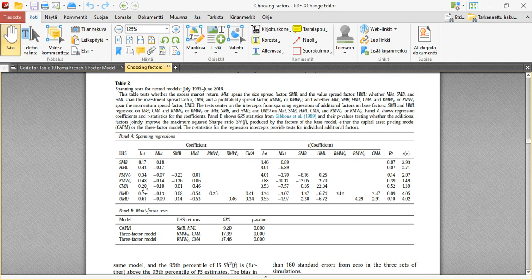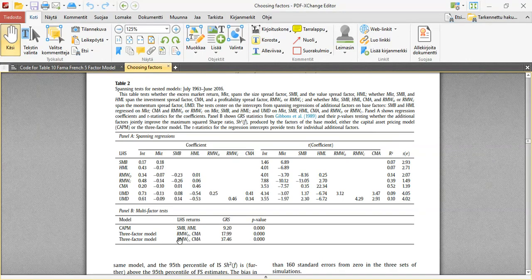Again, using a seemingly unrelated regression framework and then implementing a chi-square test of these two point estimates simultaneously. So again, under the null hypothesis, we have the three-factor model. Under the alternative hypothesis, we have the five-factor model.